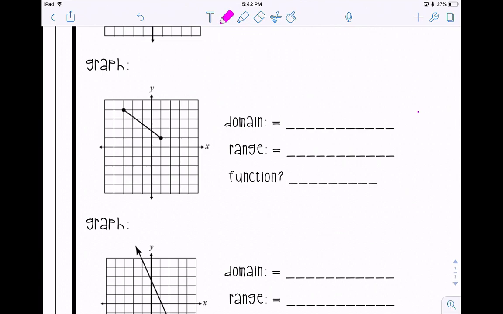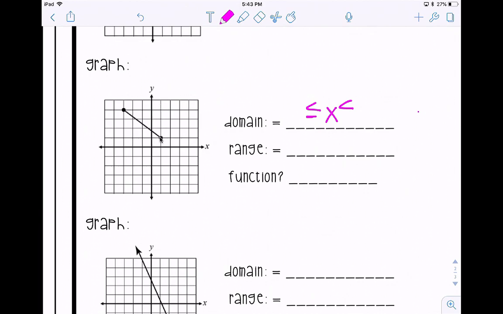So domain is going to be x, so we're going to put x in the middle. Remember, our symbols are always going to be pointing this way, and then we have to decide if it's equal to. So I don't know yet if this is going to be equal to or not. The way I know that is if this dot is filled in or if it's touching right there, it is equal to. So in this case, that one is equal to. That's on the left side, so it's equal to.